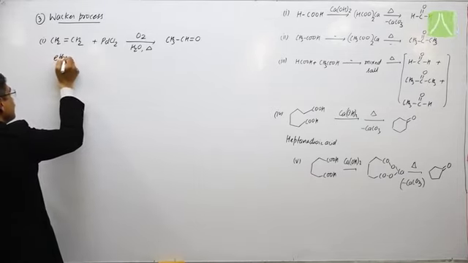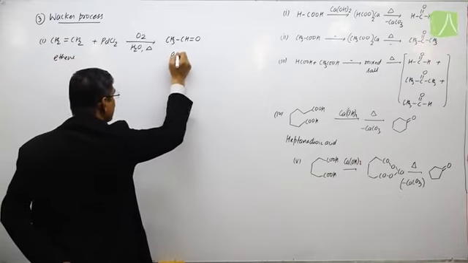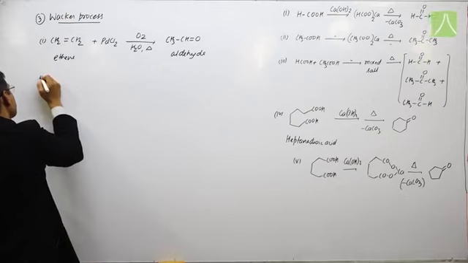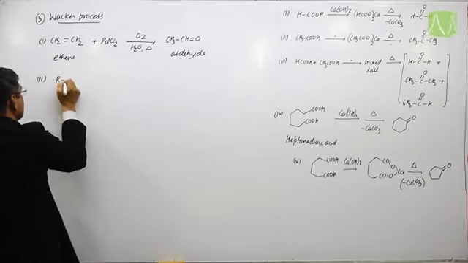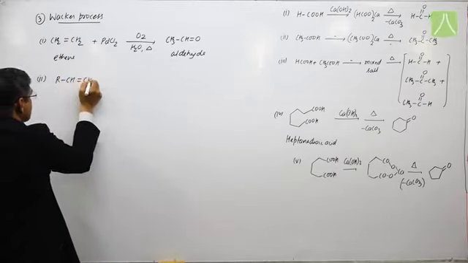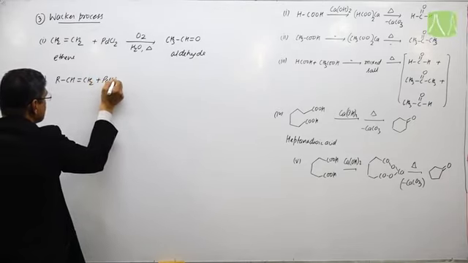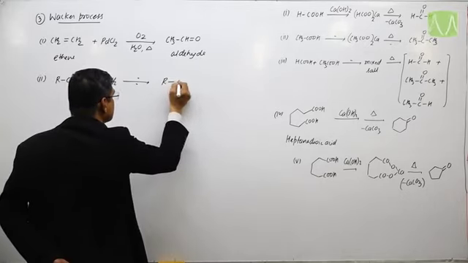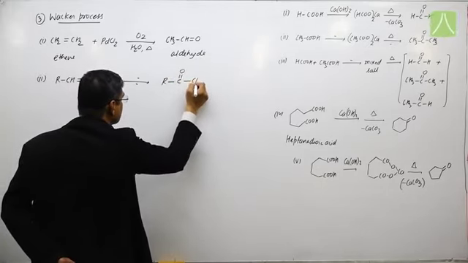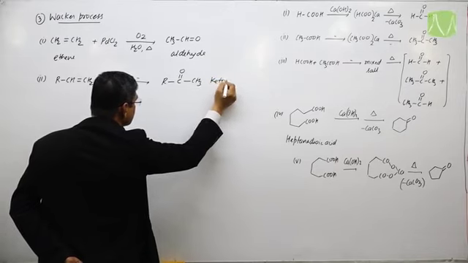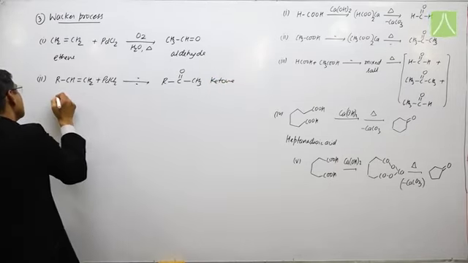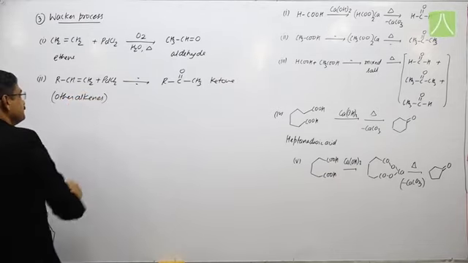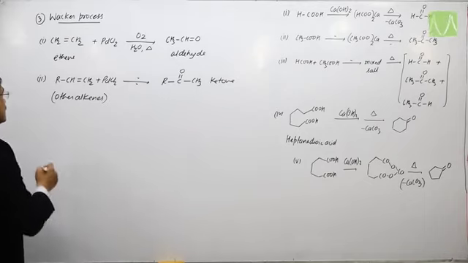So ethene is oxidized into aldehyde, but other alkenes are generally oxidized into ketones. Suppose I write RCH=CH2 plus PdCl2, the same reagent. Then the major product is ketone. So this is the third preparation.